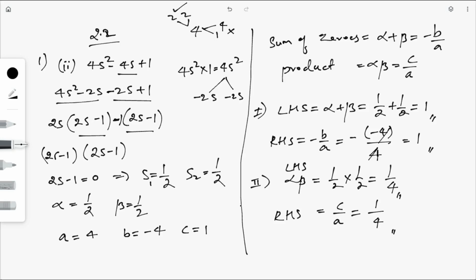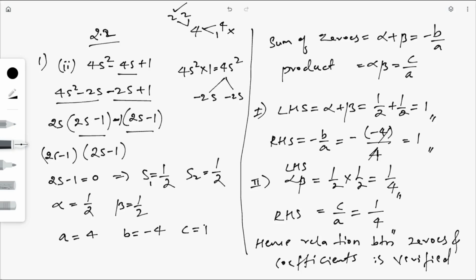Hence you can write a sentence here: hence the relation between zeros and coefficients is verified.